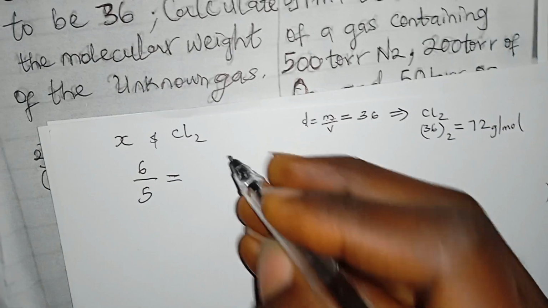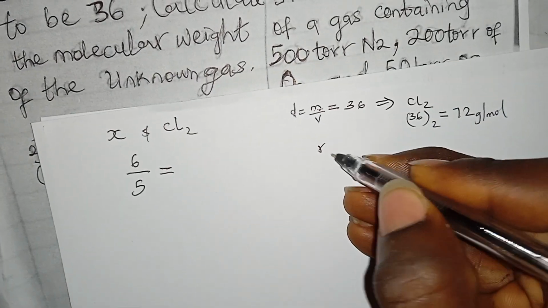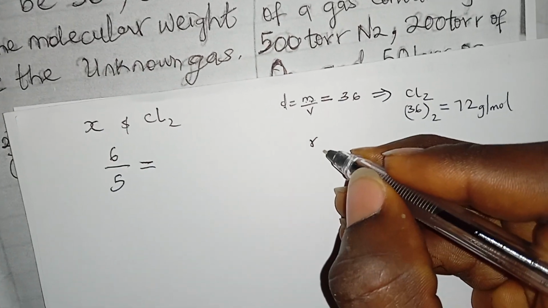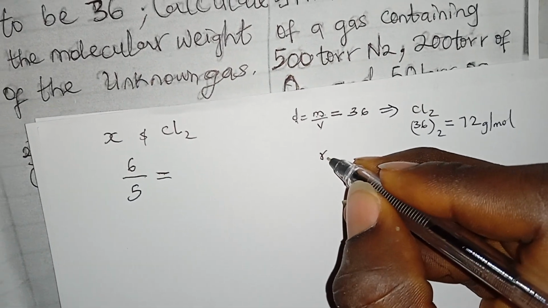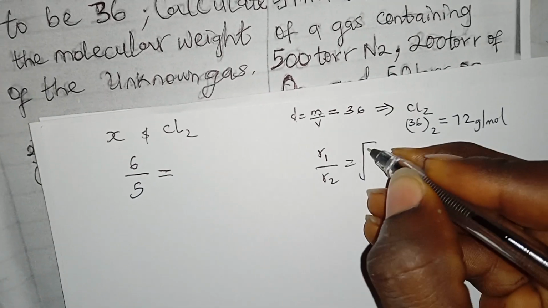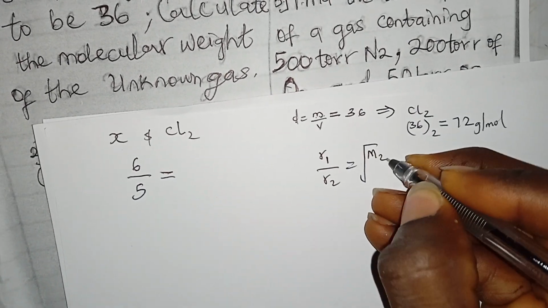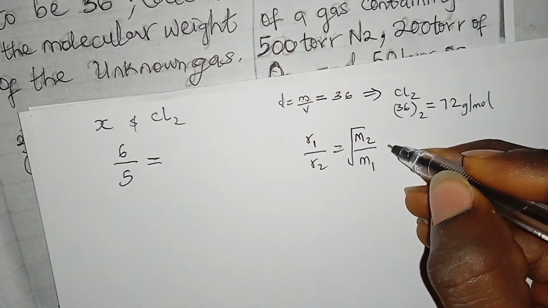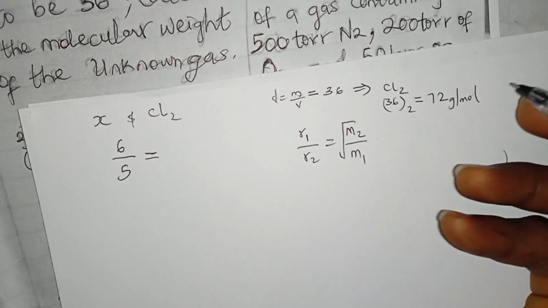Now, using Graham's law of diffusion, it says that the rate of diffusion or rate of effusion of a gas is inversely proportional to the square root of its molar mass. Sometimes it's stated as T2 over T1 as well.